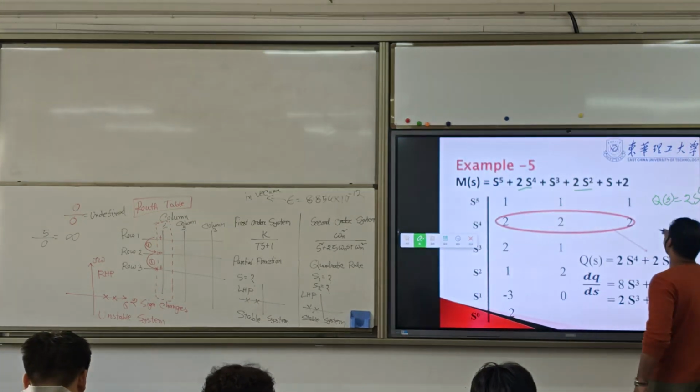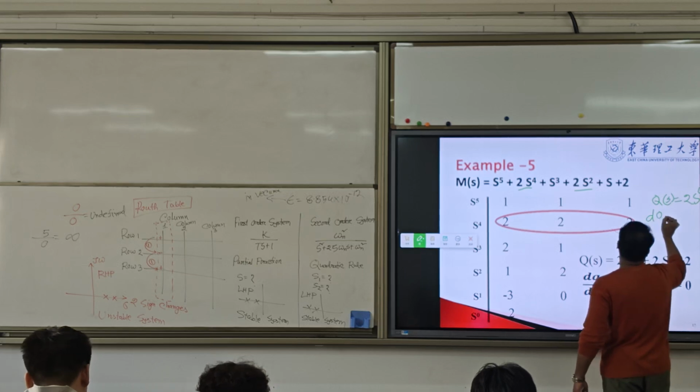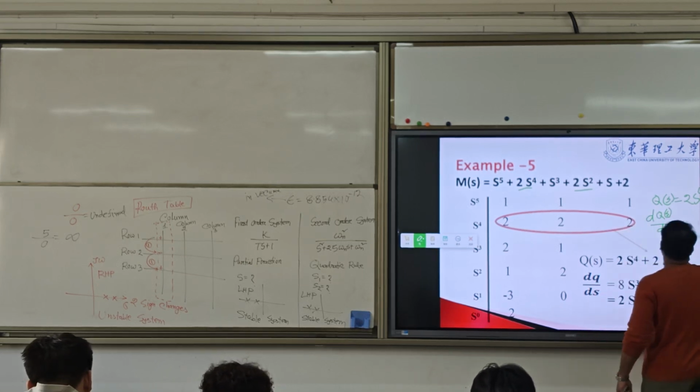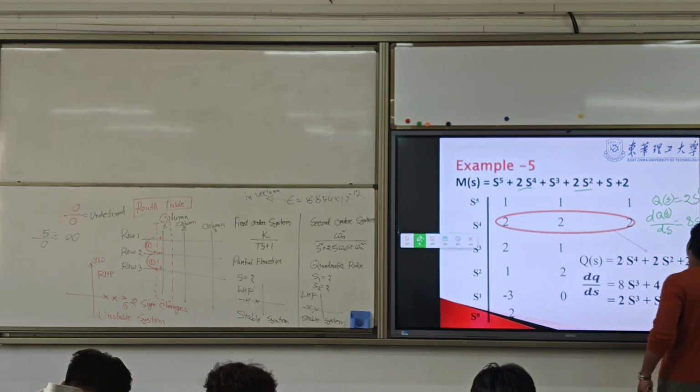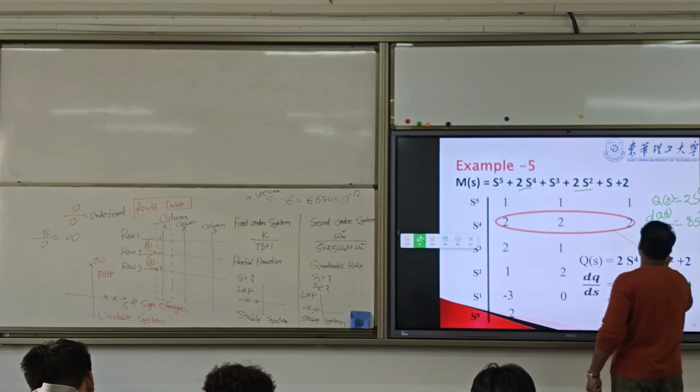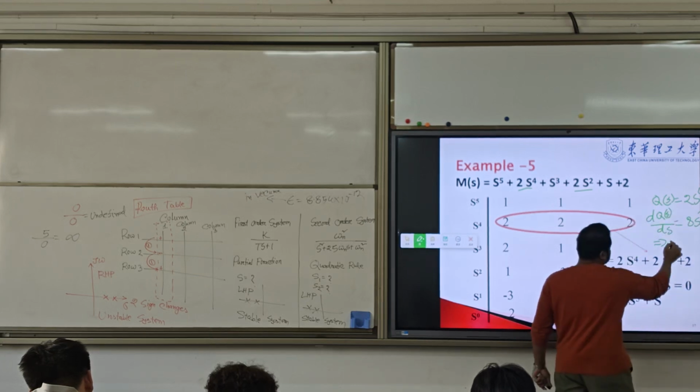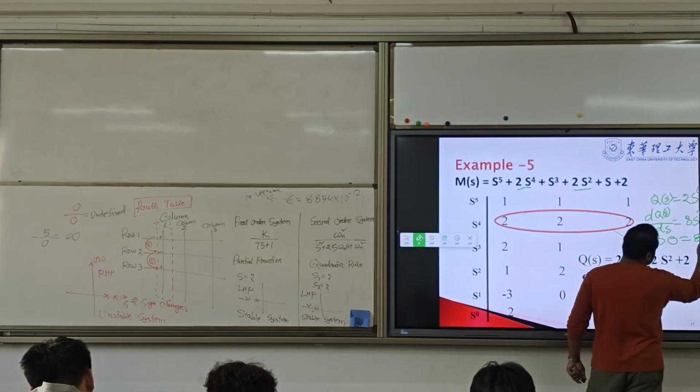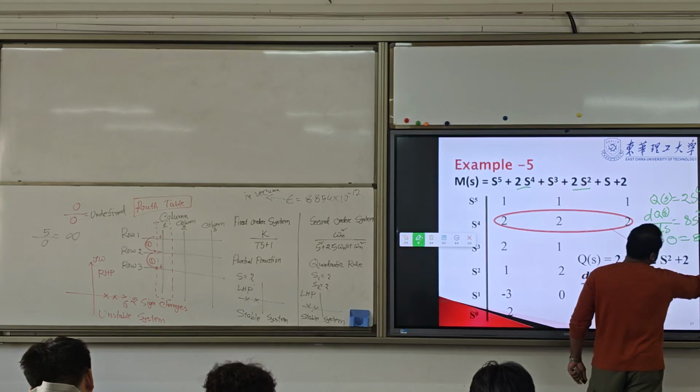We take the derivative. dQ(s)/ds is equal to 8s cubed plus 4s plus 0. Then this one should be equal to 8s cubed plus 4s.